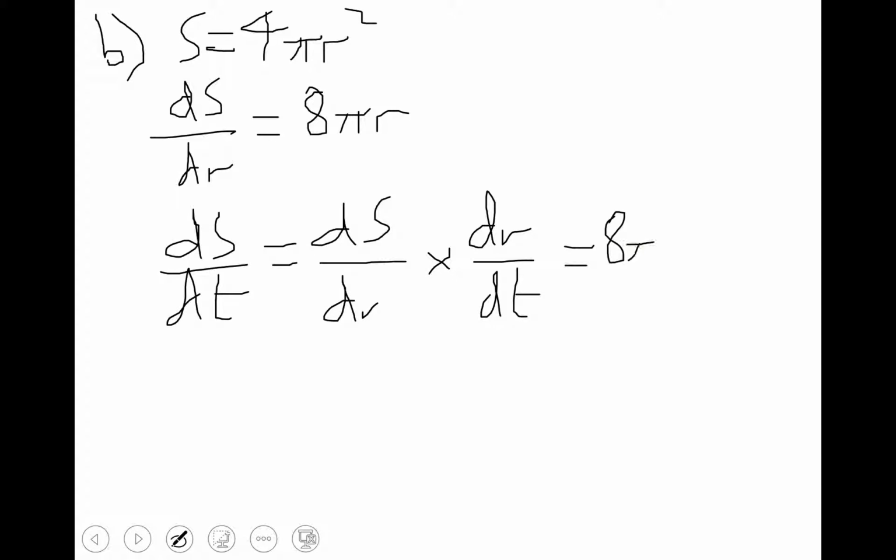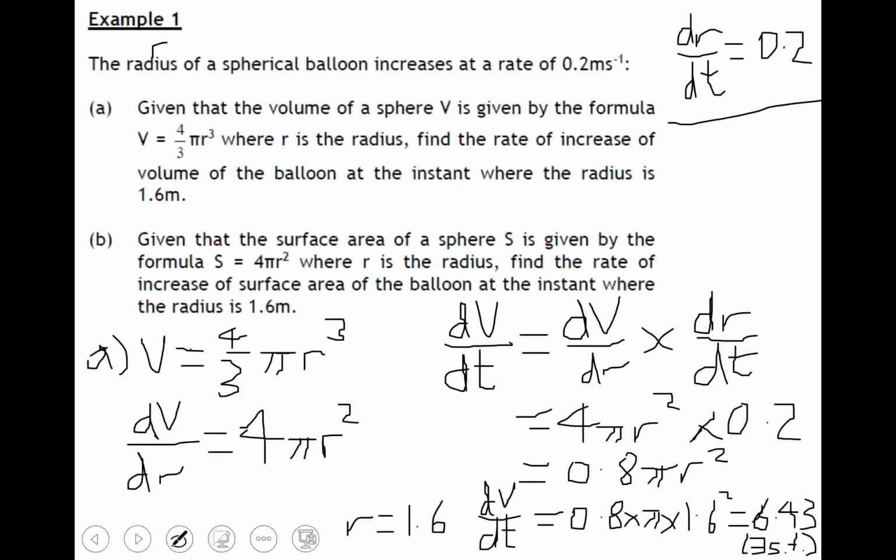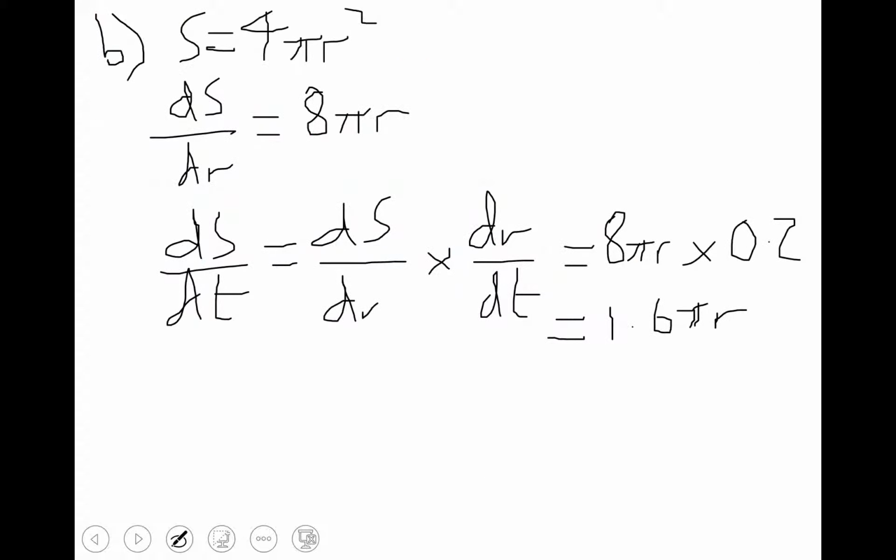times dr by dt, so 8 pi r times 0.2, which is equal to 1.6 pi r. We want dS by dt when r is 1.6.